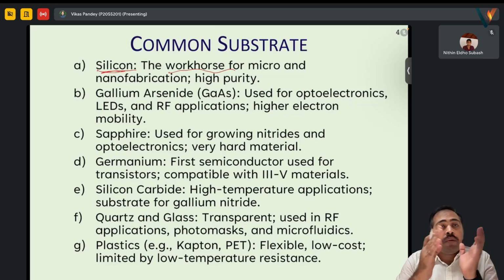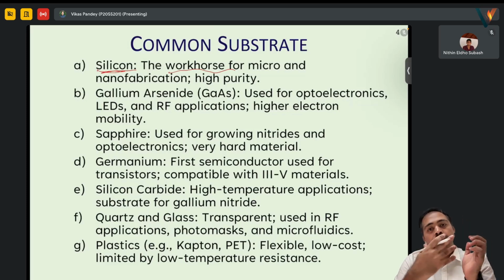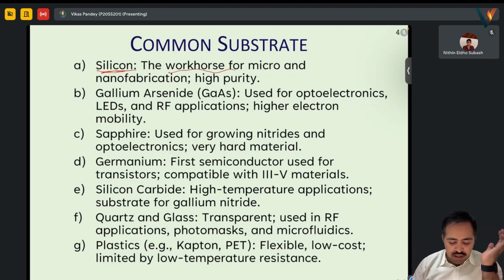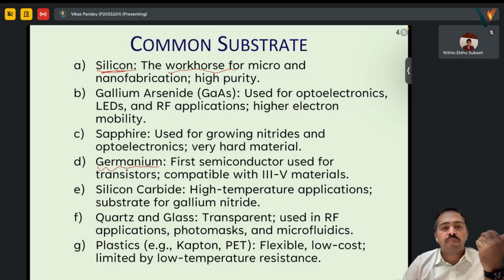But in between, things like silicon and germanium are represented as metalloids. So they are non-metal at lower temperature, and they behave a bit conductive at higher temperatures. So this we know, silicon, and the other is germanium. Germanium in fact was the first semiconductor that was used.